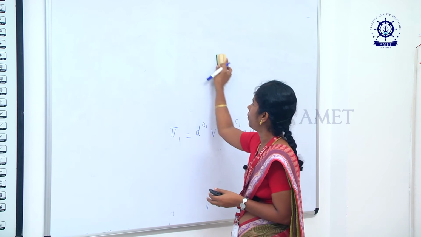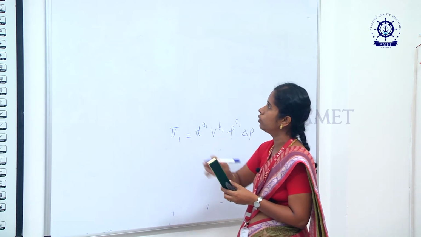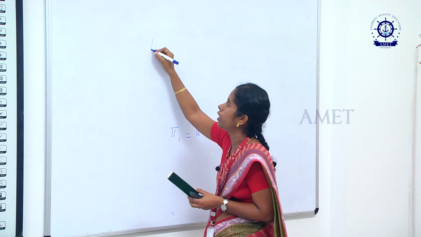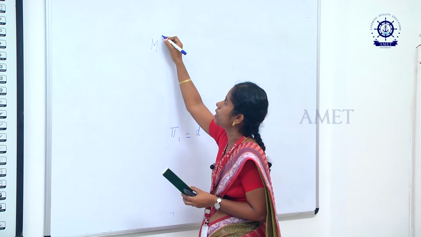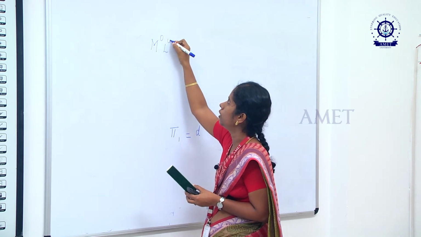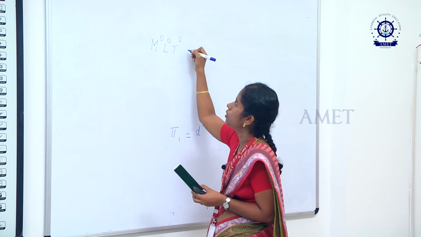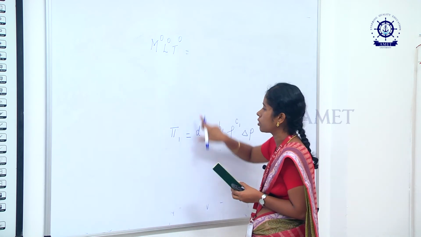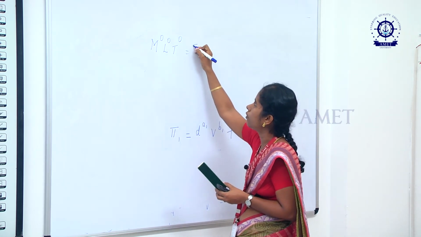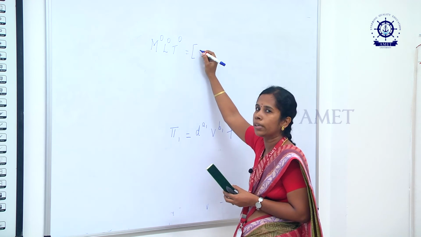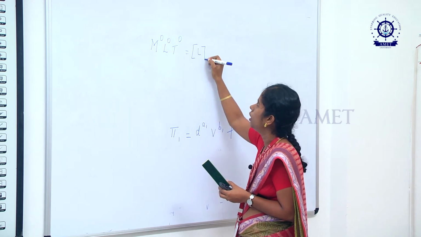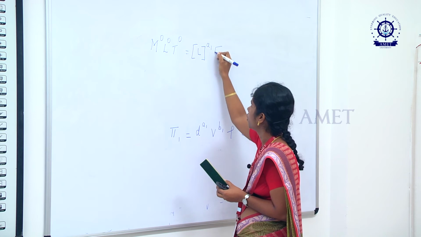So, pi does not have any unit, so it is not going to have any dimension. So, I have to write it as M0, L0, T0. The diameter will have the unit as meter, or I can write the dimension as L, L power A1.